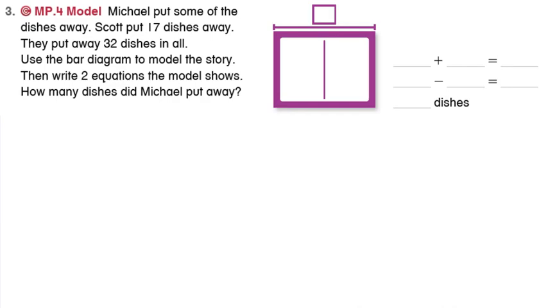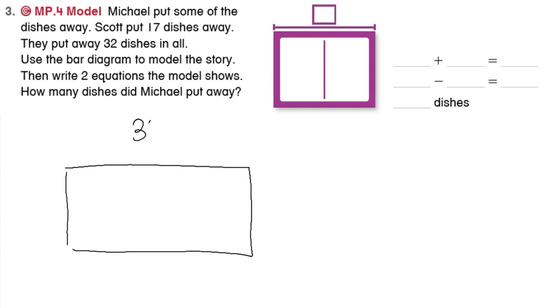Number 3, Michael put some of the dishes away. Scott put 17 dishes away. They put away 32 dishes in all. Use the bar diagram to model a story, then write 2 equations the model shows. How many dishes did Michael put away? All right, so we know that they put 32 dishes in all.